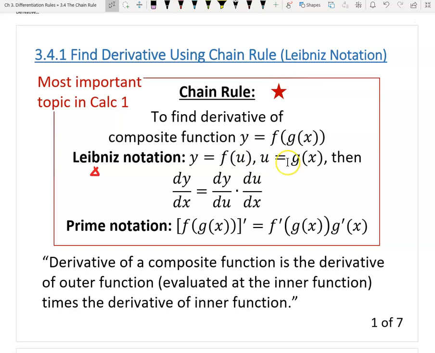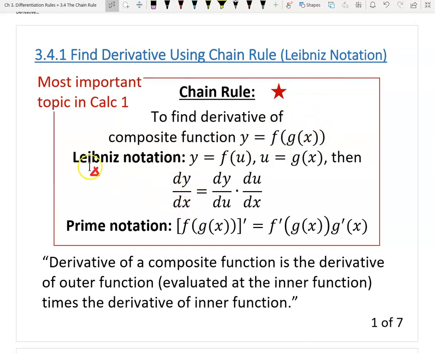Now that we have decomposed it, the Leibniz notation gives us the formula. What is the derivative of the composite, which is y? dy/dx means y taking a derivative, or this composite function taking a derivative.